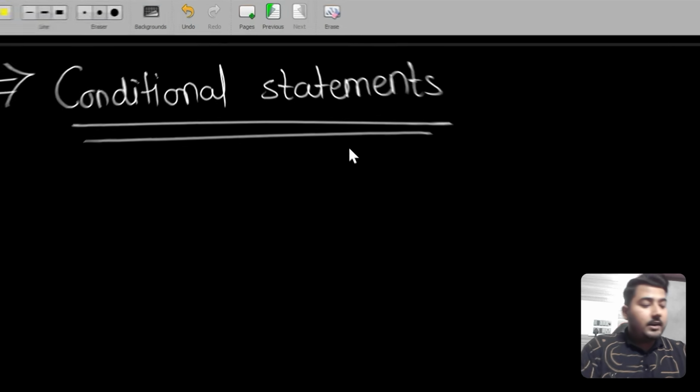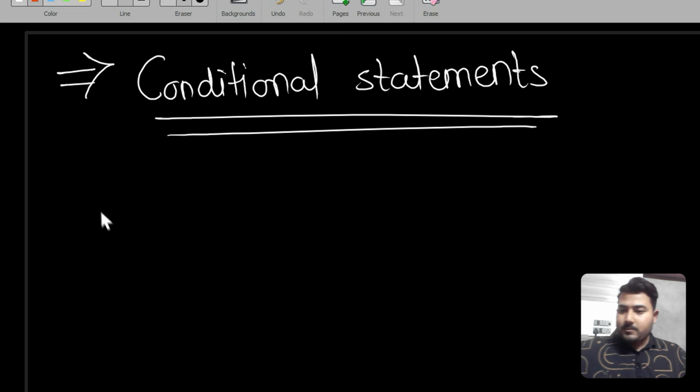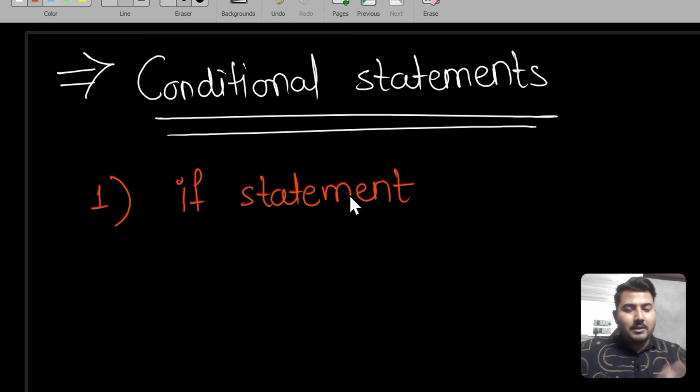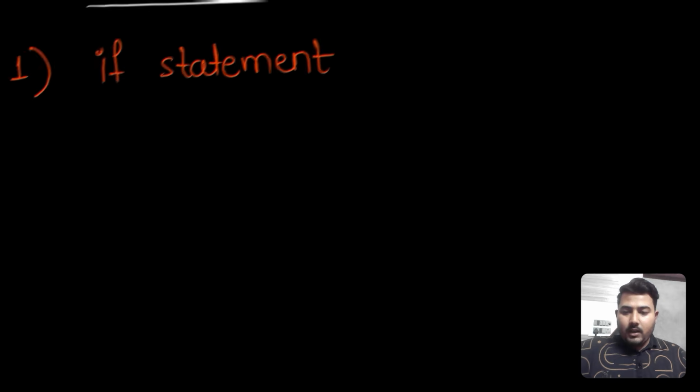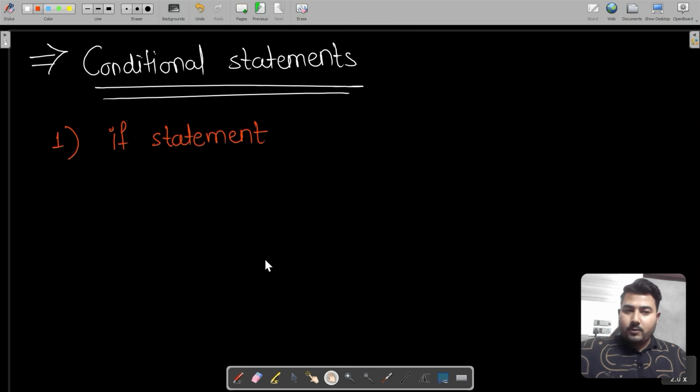So now, regarding conditional statements, you might have already heard about them. There is a very limited number of conditional statements that we have. Some of them are very famous. The very first example would be the if statement, as it is very clear from the name itself, as simple as that. Along with these names, I will make sure to write down the syntax of each one as well.